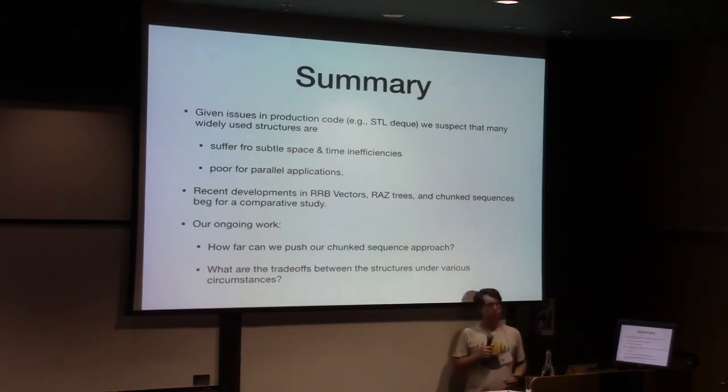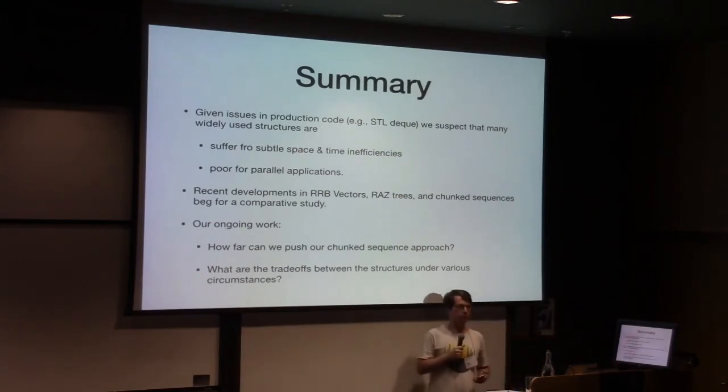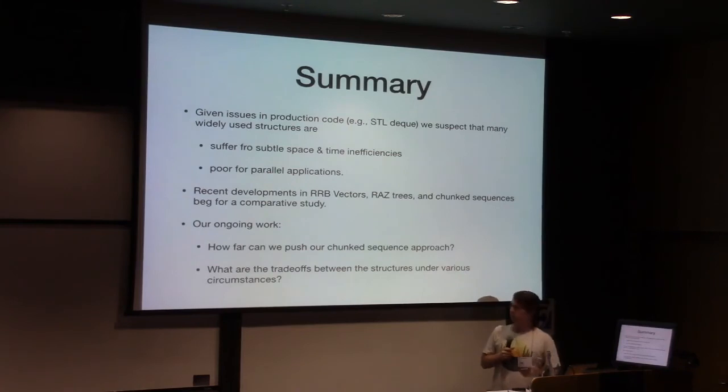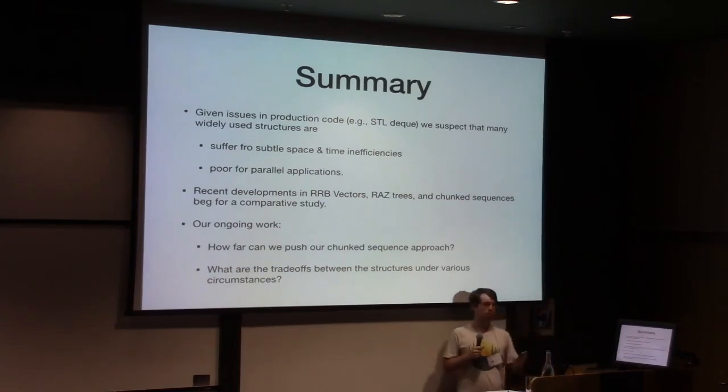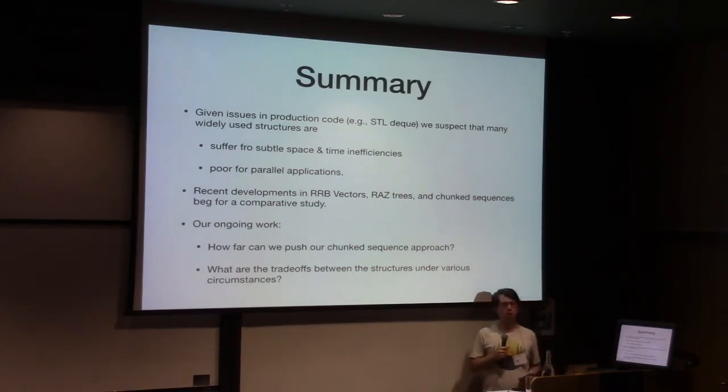Okay, so this is very much ongoing work. If you're interested in looking at the code or anything like that, we can certainly provide it. Some of the things that we're looking at in the near term is comparing a few ML implementations, so OCaml and MLton, for example, and we're looking at these interesting new data structures which are quite closely related.